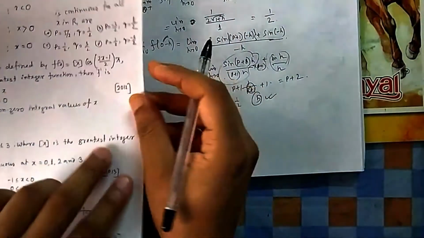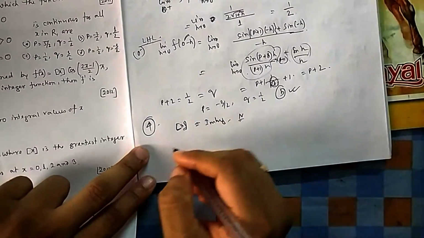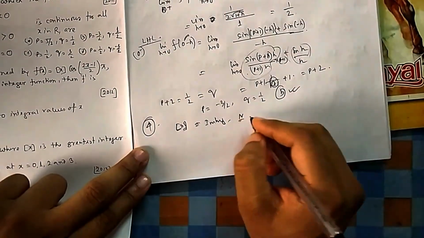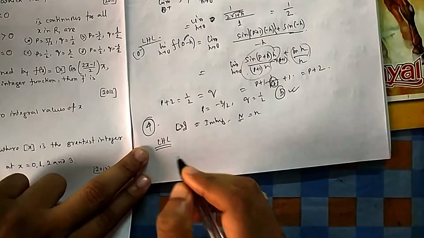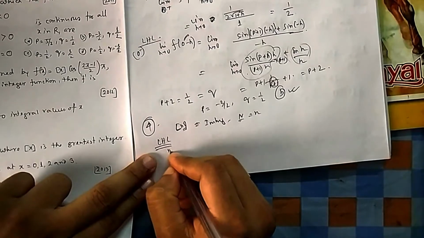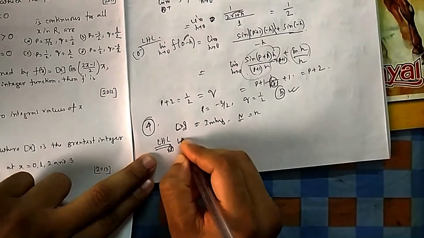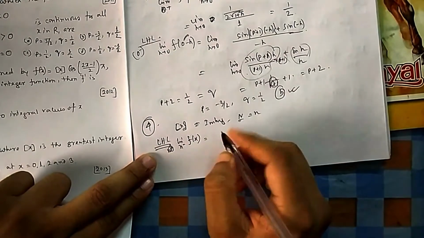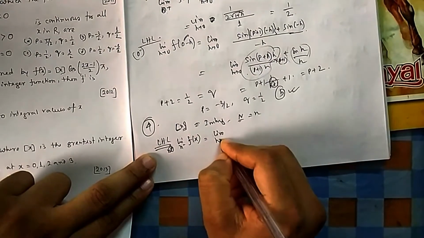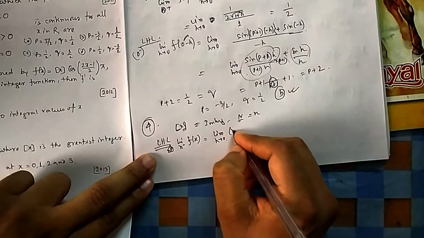So let me write LHL, RHL, at any integer point, suppose I am taking integer n. So if I take LHL, then I am taking limit n minus f of x, which you can write as limit h tends to 0 of f of n minus h.